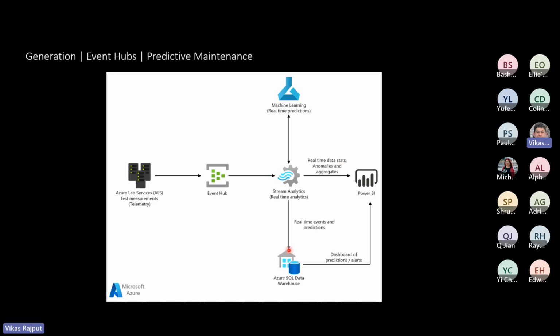It could also be feeding directly into SQL data warehouse for long-term analysis of what's going on in a month, or what the pattern of events is like in a month. You will not find that every 5 minutes, right? You will only find that once you have received data for a month, for example.